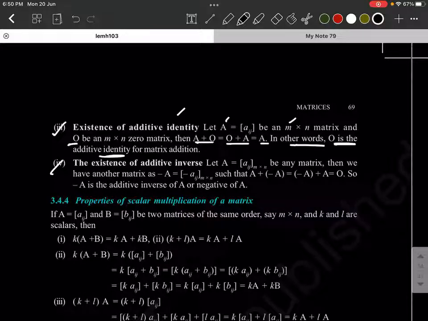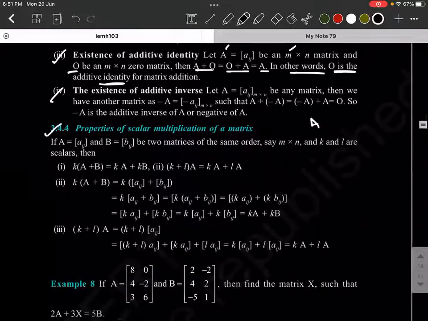Negative of A of the same order m cross n. So that A plus minus A will give you a zero matrix. So always remember, if you add a matrix to a matrix, you should get only a matrix. Most of the time, people tell me that I get zero. Zero is a number. Zero matrix is an arrangement of data. So when you add a matrix to the additive inverse of that matrix, you will get a zero matrix. Never forget that word, okay?